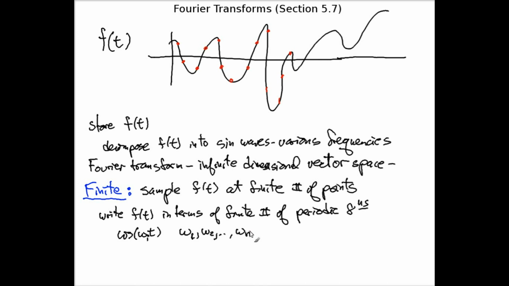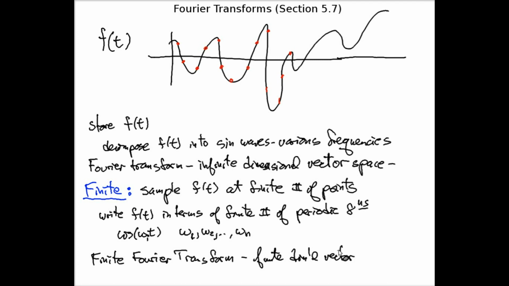And how you do that is the subject of the finite Fourier transform. And the setting is really finite dimensional vector spaces, so we can really talk about it in the language that we've been using so far. And so let's go on and say that a little more carefully.